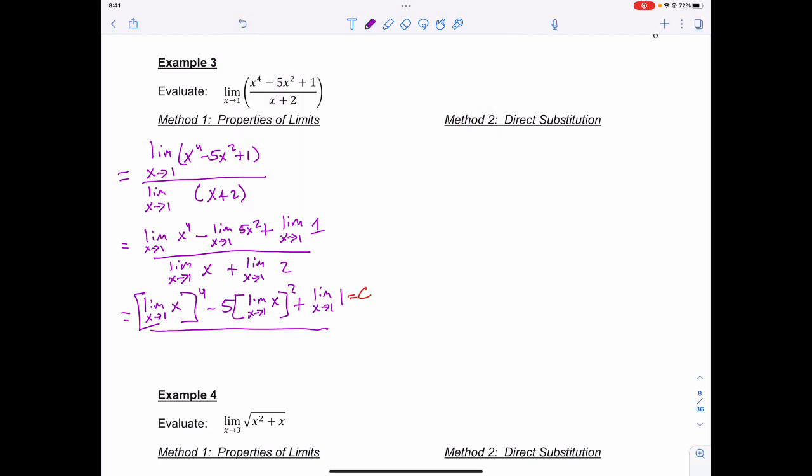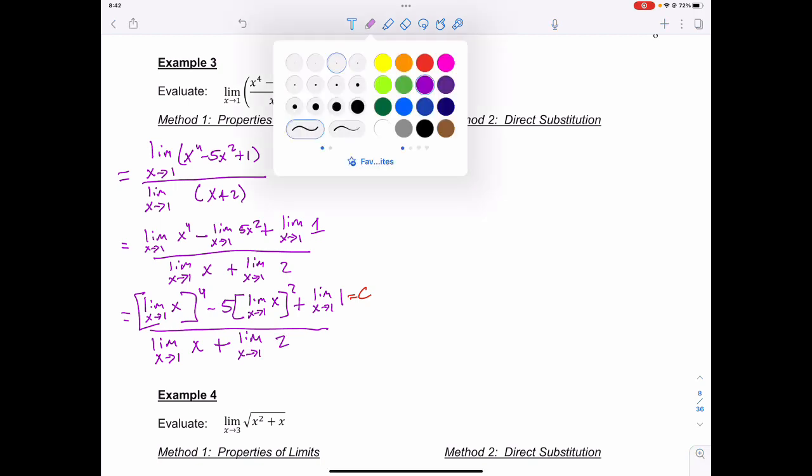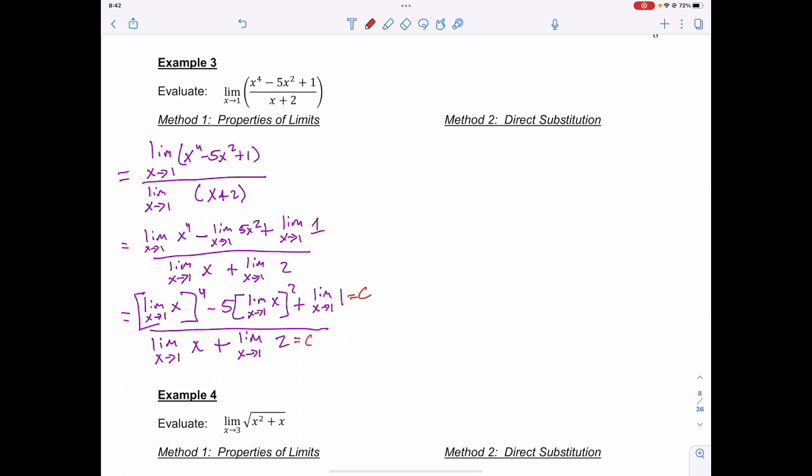And we're dividing that by the limit as x approaches 1 of x plus the limit as x approaches 1 of 2, which once again is still just going to equal the constant.